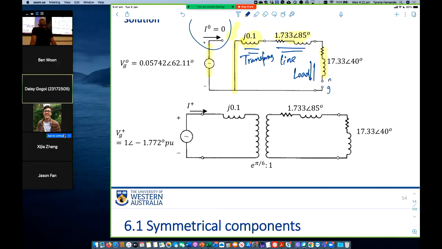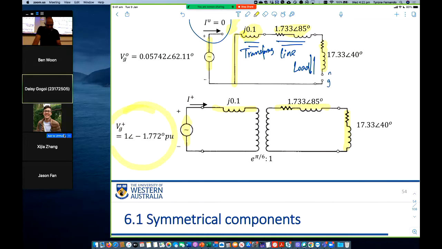And here is the positive sequence circuit. The positive sequence voltage value is this, we computed that. This is the series reactance. This is the line impedance. This is the load impedance, right? So we know the impedance value, so we can calculate this current.